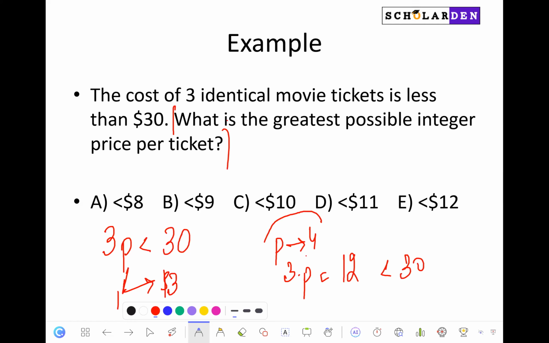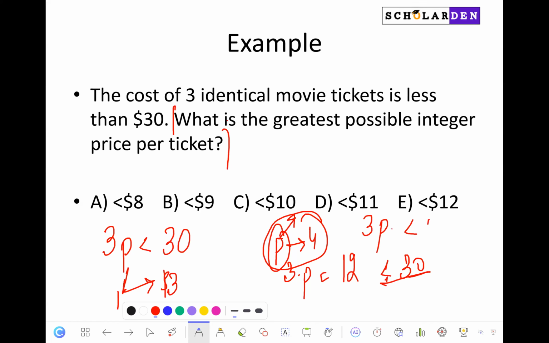So P equal to 4 is also perfectly valid if we are just looking at the first part of the question. But what does the second part of the statement tell us? The second part tells us that we have to find the greatest value that can be assigned to P so that the cost of 3 tickets remains less than 30, or so that this condition is not violated.